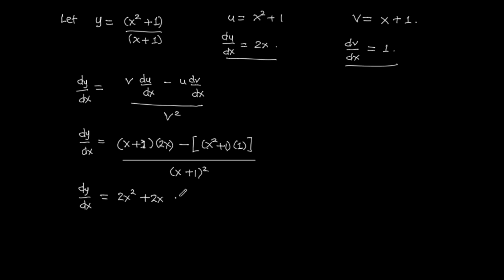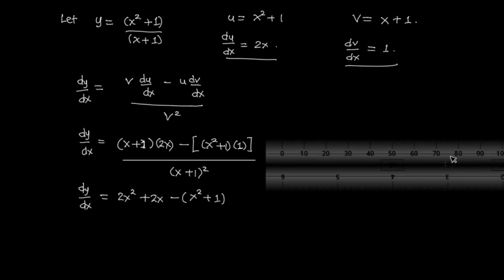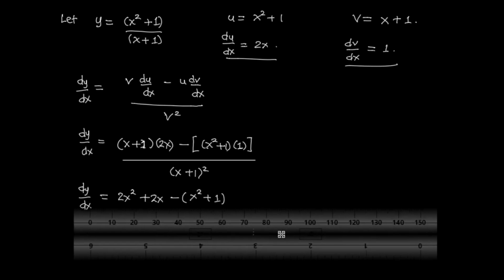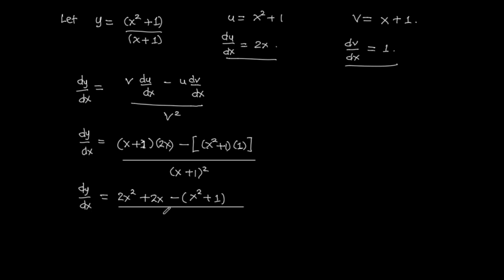And then here we can maintain this subtraction sign and multiply this, so anything multiplied by 1 remains. Just simply copy x squared plus 1, and then we can go ahead and maintain the denominator the same. So in the denominator we have our (x plus 1) squared.